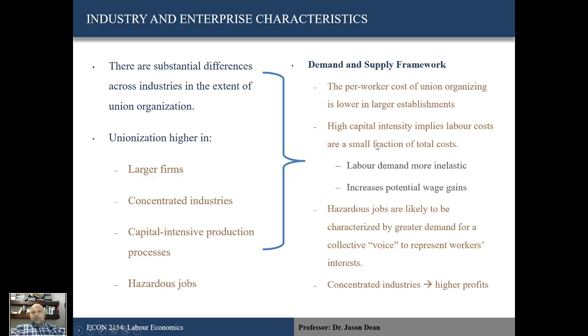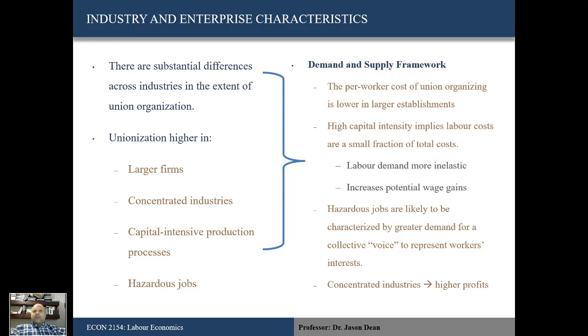The first important concept to realize is that the per worker cost of union organizing is lower in larger establishments. So also, if you think about the high capital intensity in concentrated industries, that would imply labor costs are a small fraction of the overall total cost. So in that case, the labor demand would be more inelastic, which would increase the potential wage gain, right?